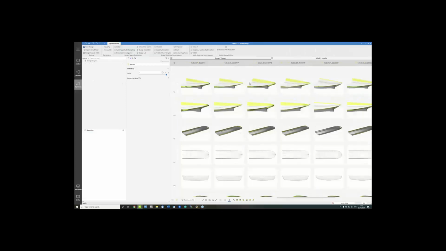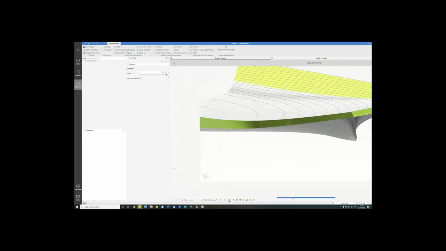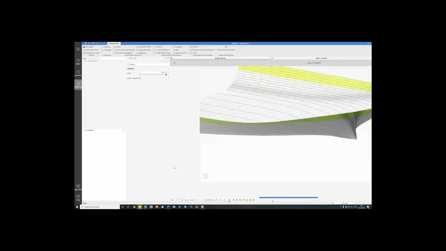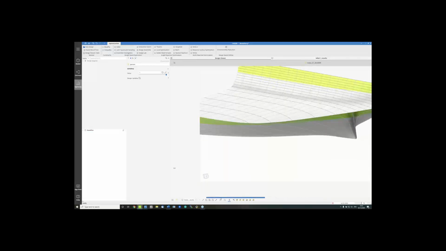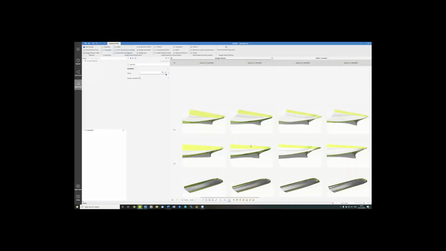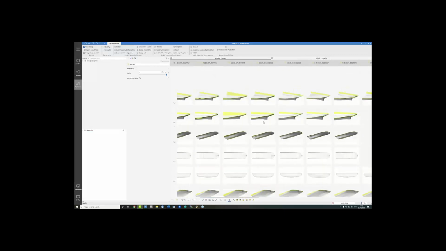So we could run a study where we look at many, many different shape variants, and we connect a tool of choice to predict the weight, resistance, and the like. And then we combine those two, the parametric model and the data that we've gathered, and we can hand that over to the next person in the design process. And that brings us back to Marcus.